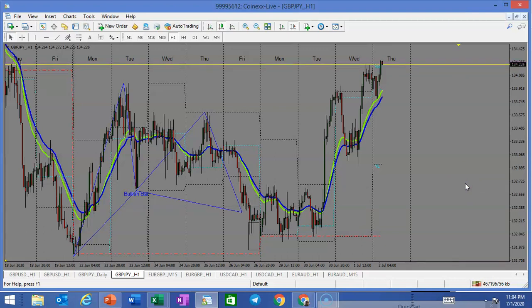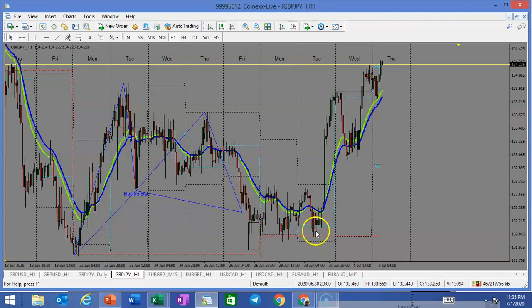And if you use MetaTrader 4 to trade, send me a message and I can definitely send you the indicators. So red indicates the weekly open, the blue tracer indicates the daily opens, and the black tracer indicates the previous day's high and low.